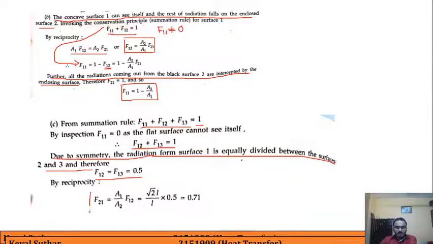Now by reciprocity theorem we can write this, and F12 is obtained as 0.5.